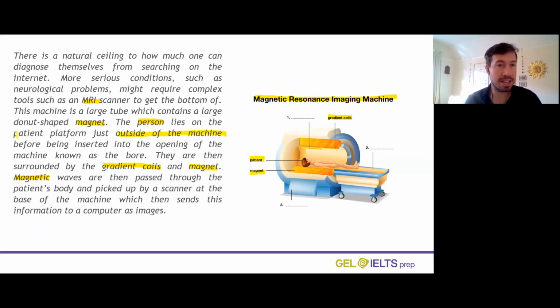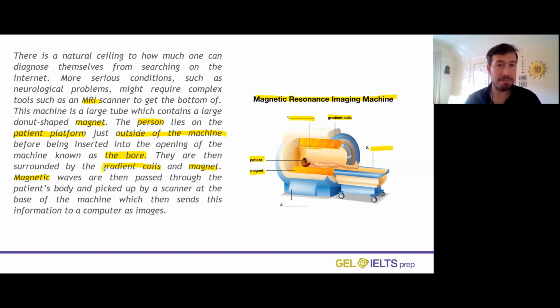So the answer to number 2 is patient platform. Before being inserted into the opening of the machine, known as the bore. So this bit here, this opening that they're in, this is called the bore. So the correct answer for that would be the bore.